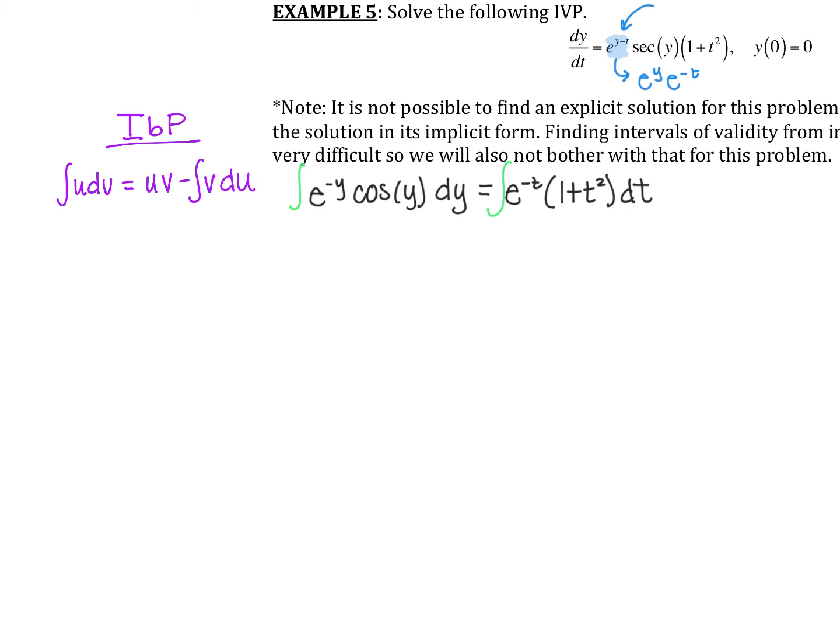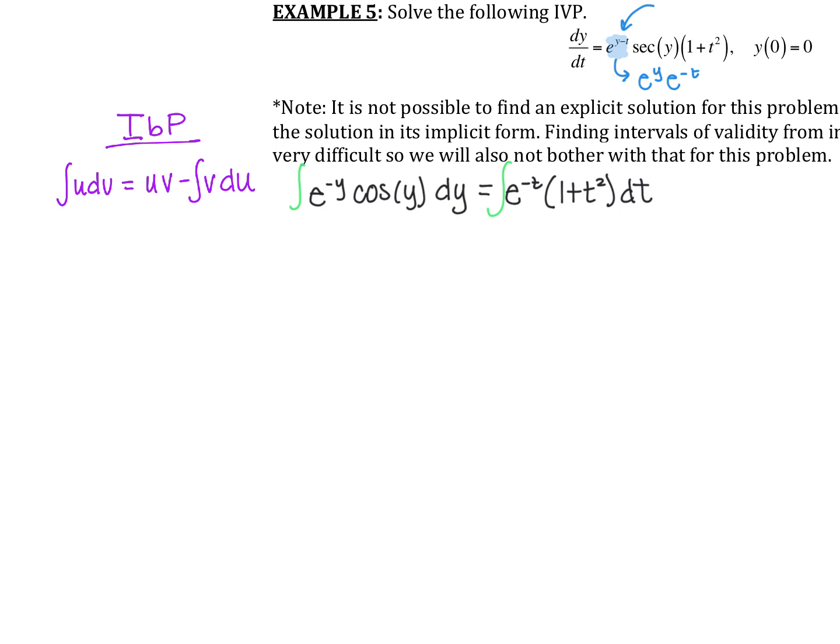So integration by parts is what we use when we have a product. I can set up an integration where I'm going to choose an easy to integrate dv and an easy to take the derivative of u, and I'm going to use this formula.